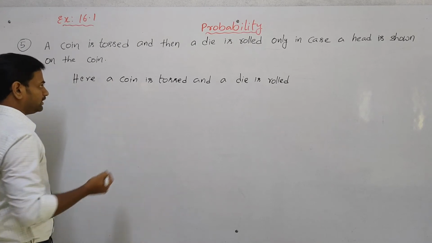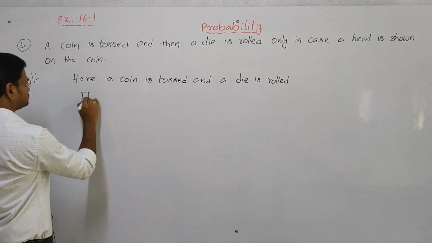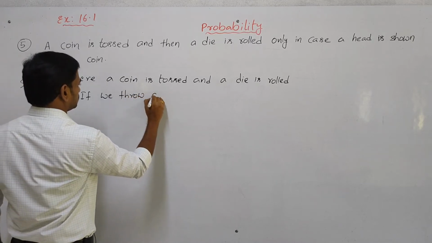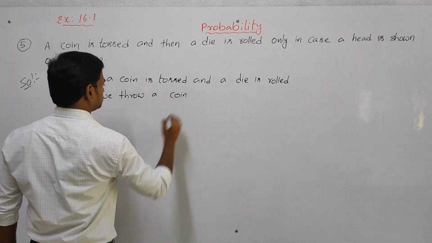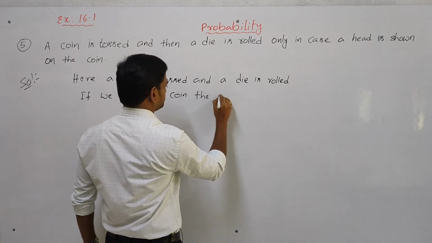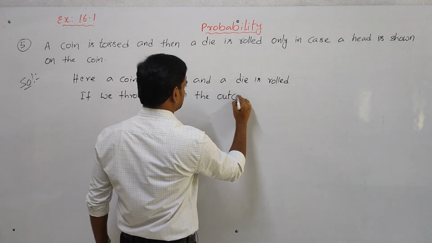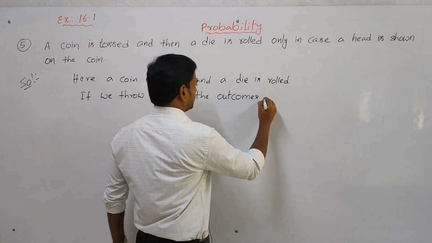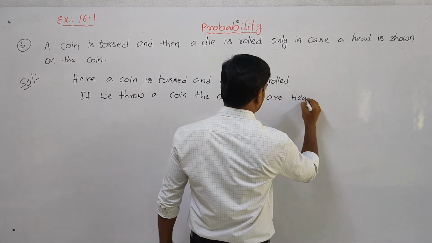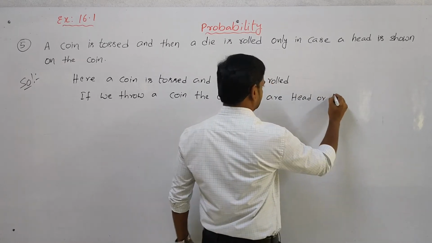If we throw a coin, the outcomes are what are the outcomes? Head or tail.